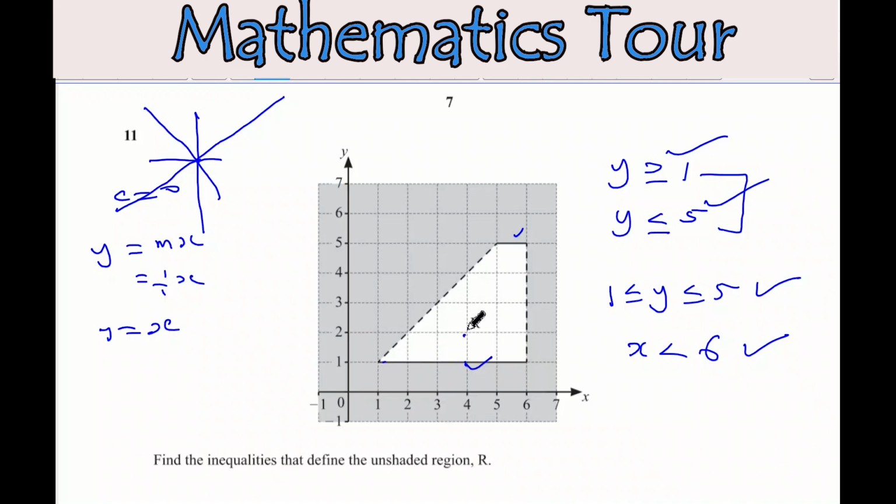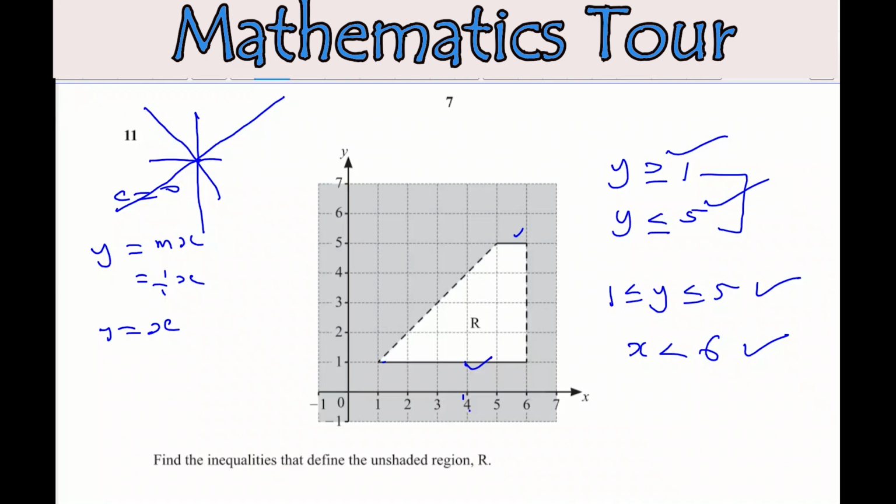If you take this point here, x equals 4 and y equals 2, you can see that y is less than x. Let's take another point here. Sorry, it should be on this line here rather. So yes, I think that's correct.